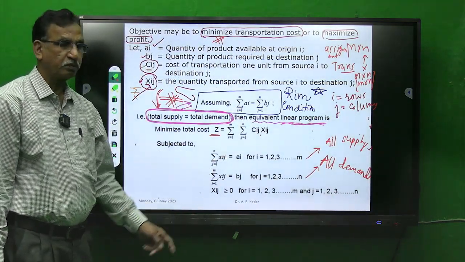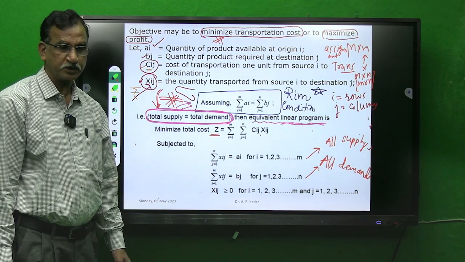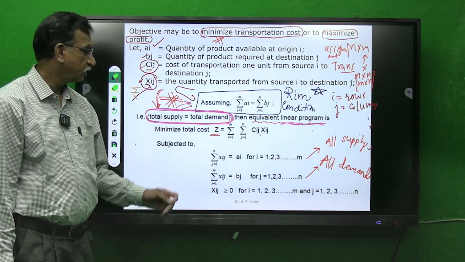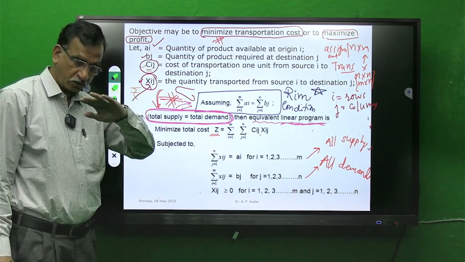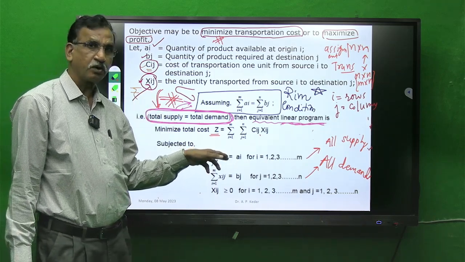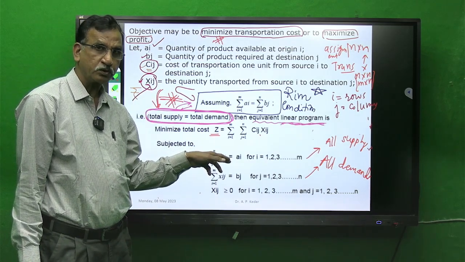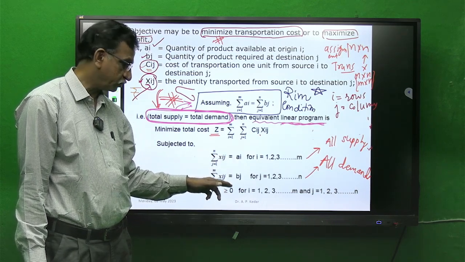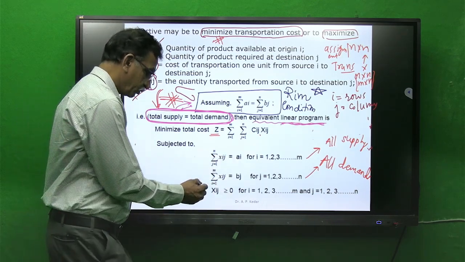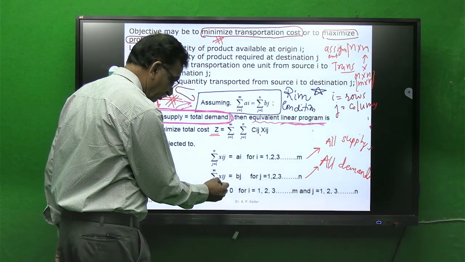Suppose you have a 3 by 3 transportation matrix with supply equal to demand, you will have 3 equations for these rows and 3 equations for these columns.